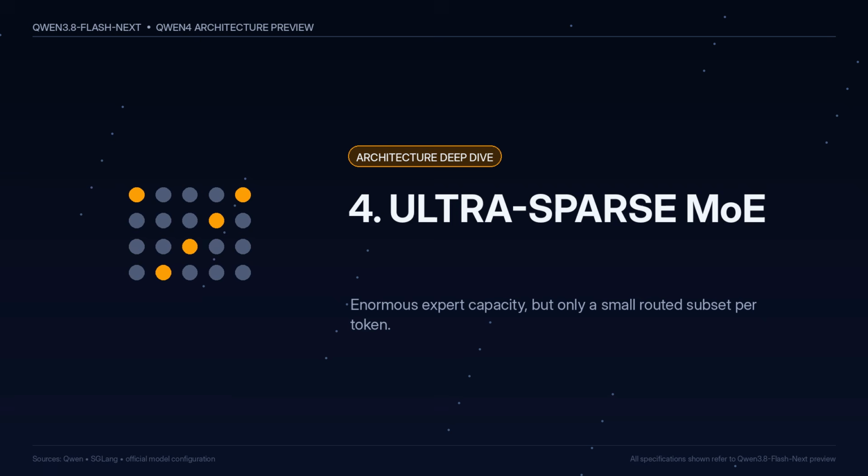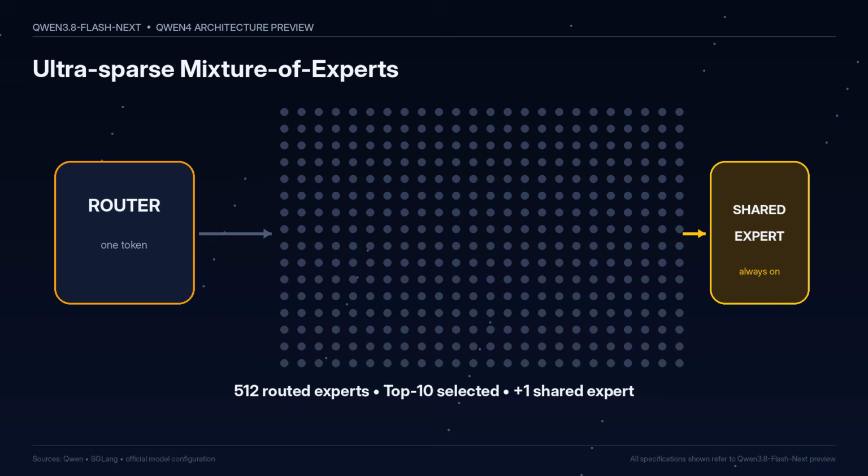The MoE is still insanely sparse. Qwen isn't abandoning mixture of experts. It's pushing sparsity even further. Qwen3.8 Flash Next has 512 experts. For each token, the router selects 10 routed experts, plus 1 shared expert. Each routed expert has a relatively small intermediate dimension.